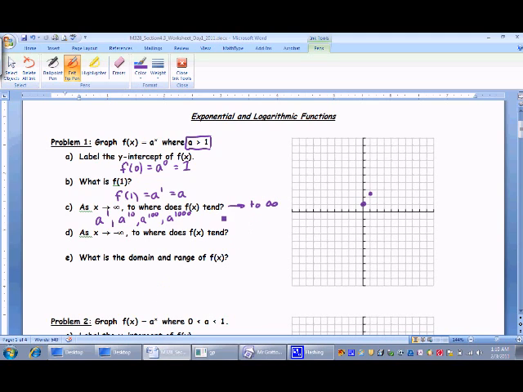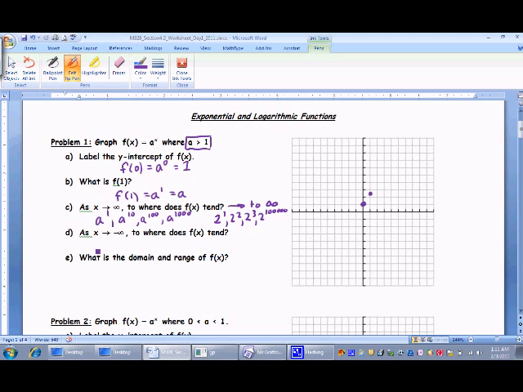It kind of makes sense, right? Like, let's say your a value was 2: 2 to the first, 2 squared, 2 cubed, maybe 2 to the 1 million. As your powers are getting larger on your base of a, eventually that's going to tend to infinity.